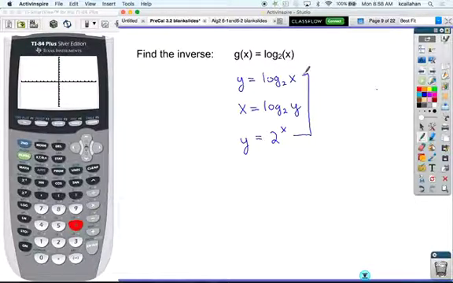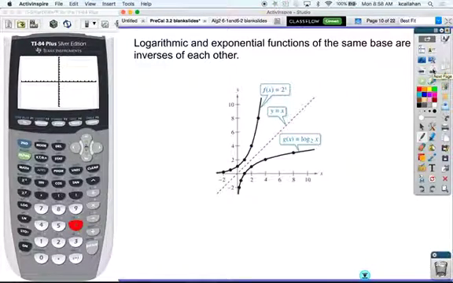If we have a logarithmic equation, we'll exponentiate both sides, or convert it to an exponential. We'll see when we get to that point. That's not a today thing anyways. So I'm going to call this now f of x, 2 to the x. Logarithmic and exponential functions of the same base are inverses of each other.